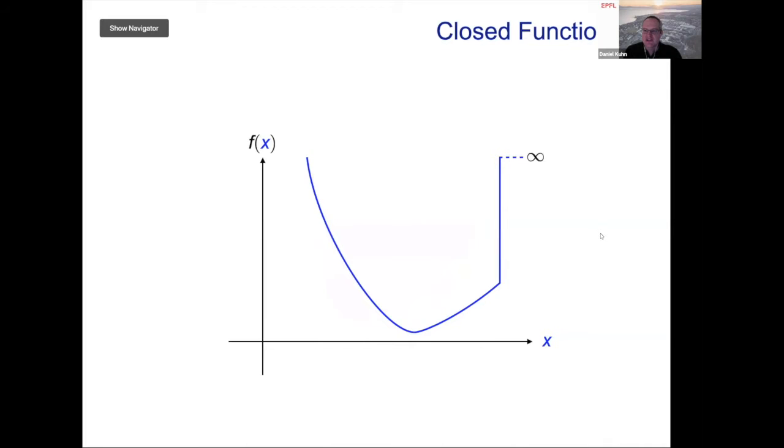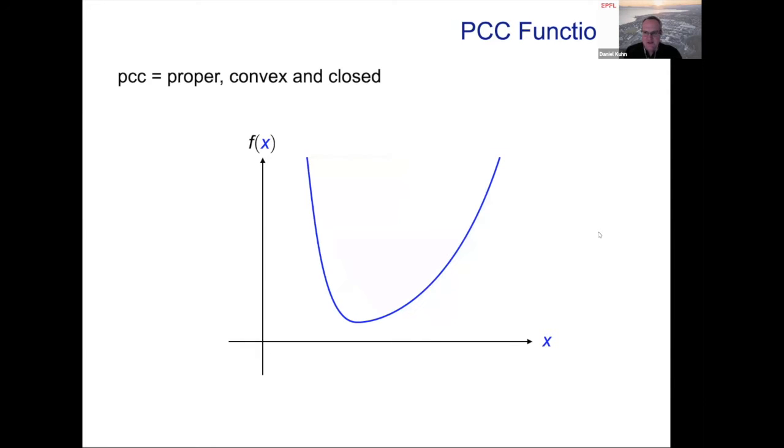A function is closed if its epigraph is a closed set, and this means that the limit of any converging sequence of points in the epigraph must also belong to the epigraph itself. In summary, we will work exclusively with functions that are proper, convex, and closed, and I will abbreviate this as PCC in the rest of the talk.